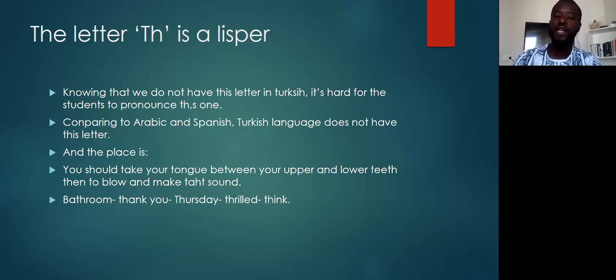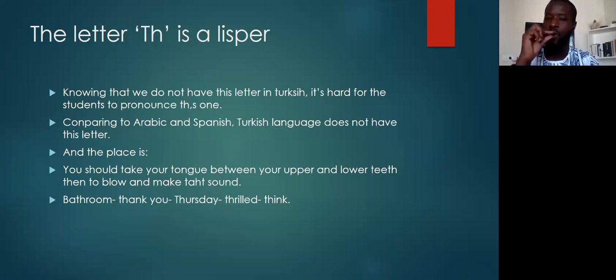Knowing that we do not have this letter in Turkish, it's hard for the students to pronounce TH, okay? For example, compared to Arabic and Spanish, the Turkish language does not have this sound, of course. And how is the place?